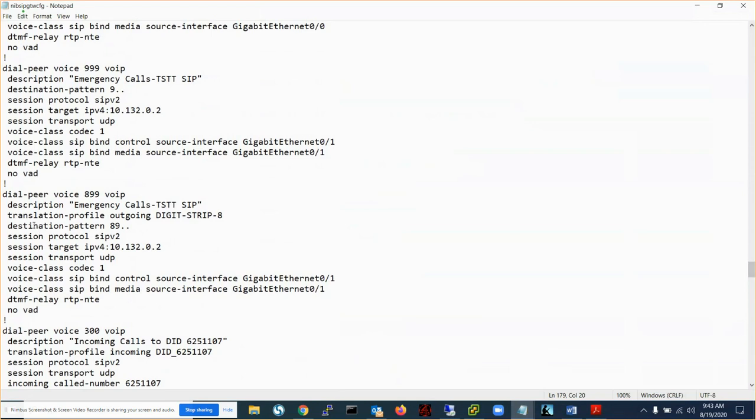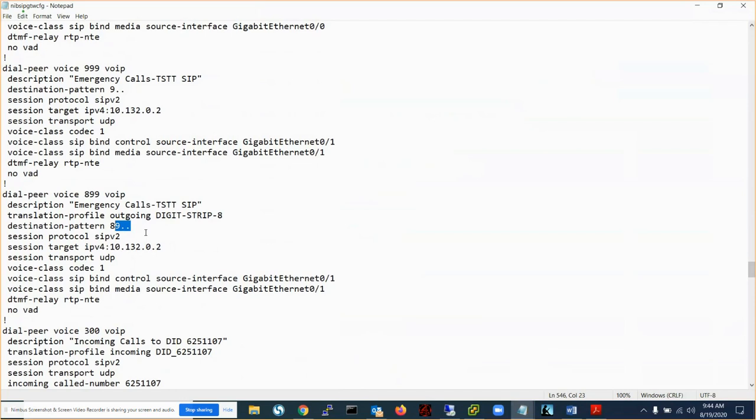I have a strip 8 command here. If somebody wants to call 999 and they press 8 first, because this is an emergency number I put in here, like the police is still 999.